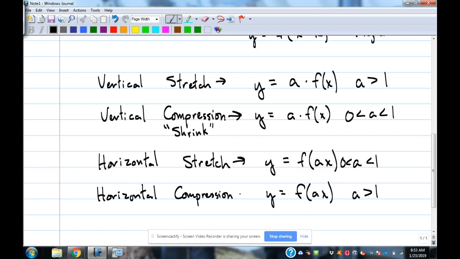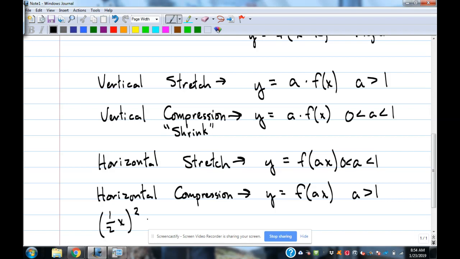Now, graphically, it's hard to tell what happened to a graph if you don't have the equation. But what we're after here is being able to look at an equation and tell what's going to happen to the graph without actually having to graph it. Let's say I multiplied the x squared function on the inside by 1/2.